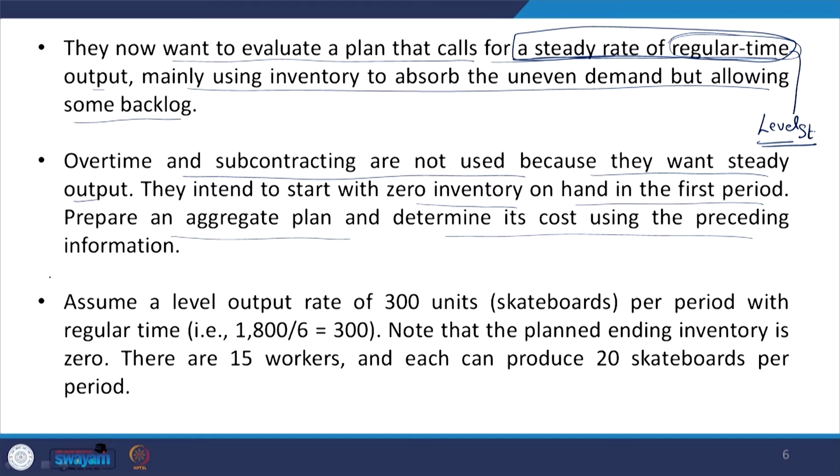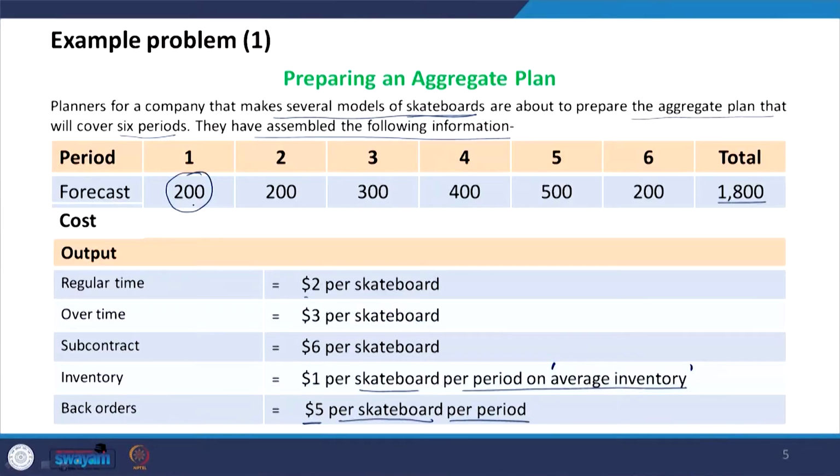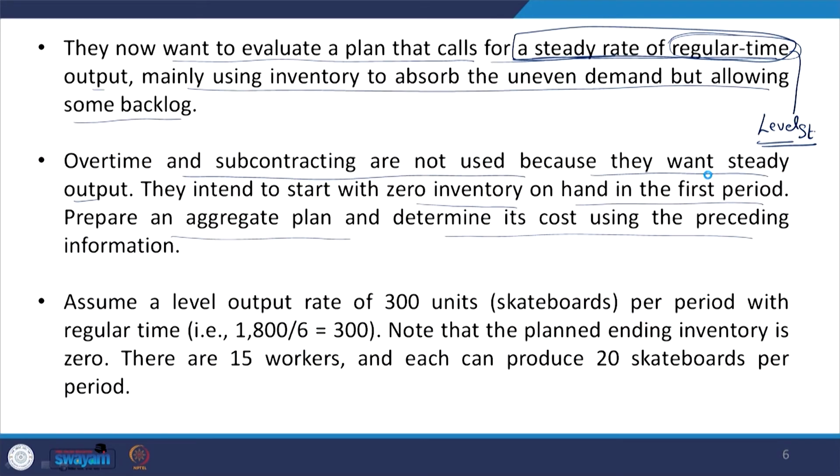Now, the question is, what should be the level of steady output? If you see the table here, 200, 200, 300, 400, 500, 200, a total of 1800 units are required in 6 periods. So, obviously, it is very simple to understand that we have to make 1800 units in 6 periods.